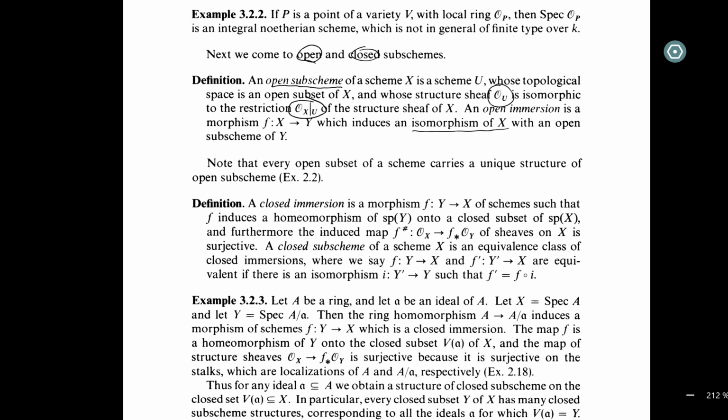So if you have a scheme X, the immersion is a morphism of schemes which induces an isomorphism with an open subset of Y. For example, if you can prove it, then this is an open immersion.